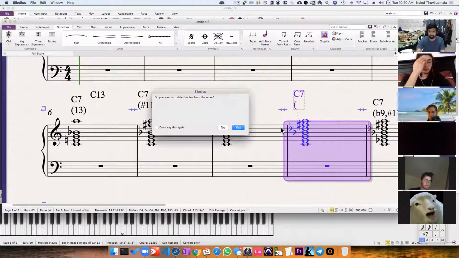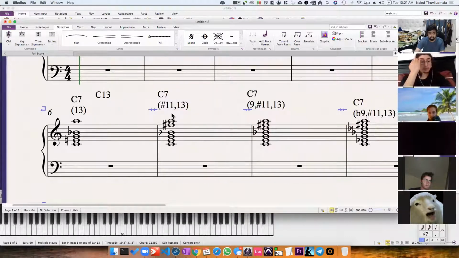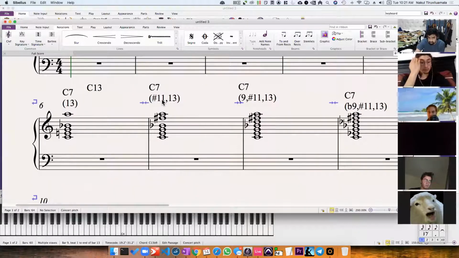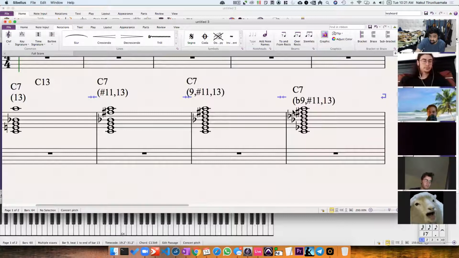Yeah, I could do many things. I could include the 11. In this case, I'm gonna sharp the 11. I could include the sharp 11 and the 9. I could also, instead of doing a 9 sharp 11 13, I could do a flat 9 sharp 11 13. I could do other combinations as well.